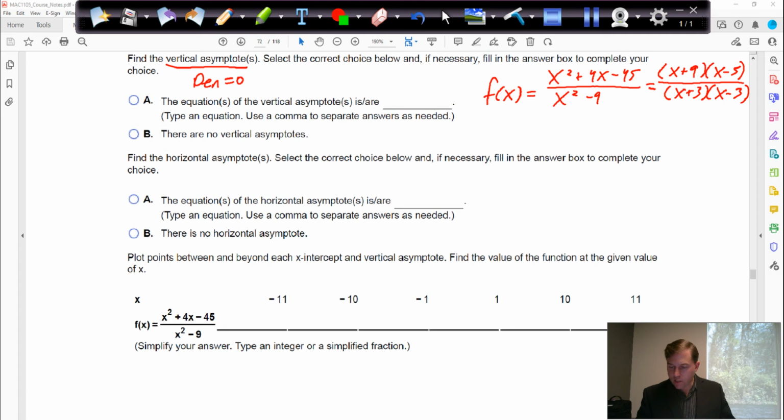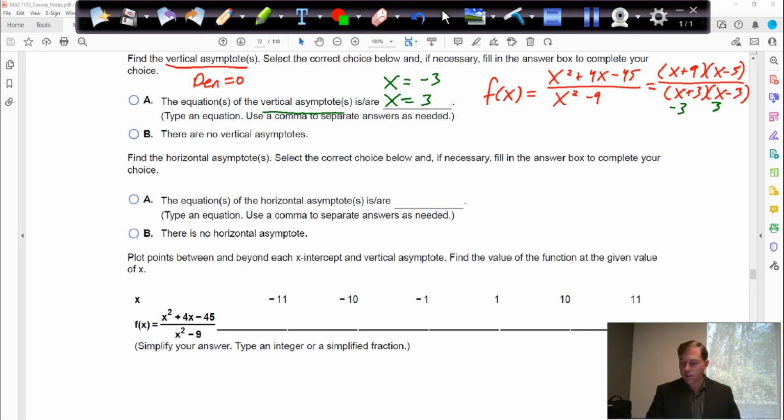We don't want x to be minus 3 here, because if it's minus 3, that makes that 0. And we don't want it to be plus 3 here, because that'll make that one 0. And the way you write this is, you have 2 vertical asymptotes when x equals negative 3 and when x equals positive 3. So these are lines, so you have to write them as x equals. A vertical line is x equals something.